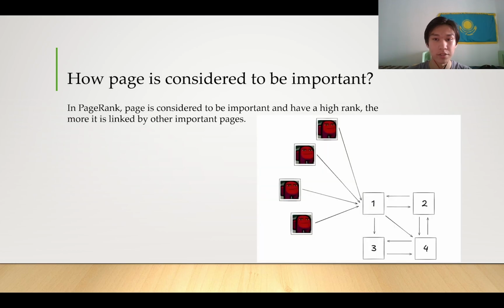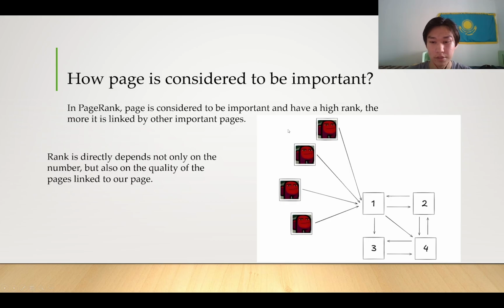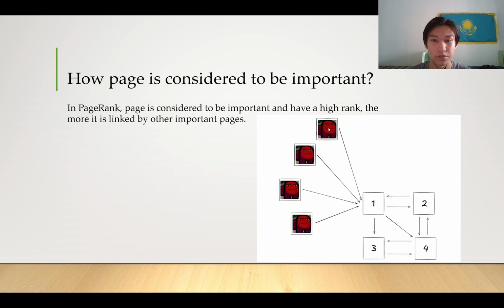This prevents such examples when a person can try to make his page more important by manually creating and linking a lot of fake pages to it. So as you can see here, these four web pages are fake and kinda sus.